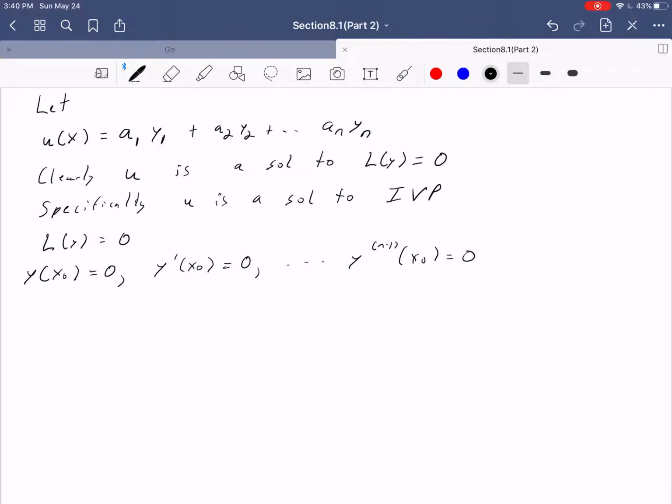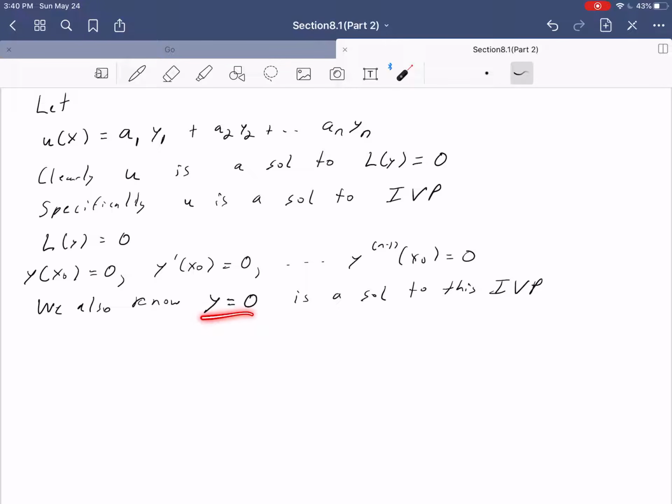But we also know y equals 0, the 0 function, is a solution to this IVP. Certainly y equals 0 is a solution to the homogeneous differential equation, because the solution space is a vector space, so the 0 vector has got to be in there. And certainly it also has the property that y equals 0 at x0 is 0, its derivative is 0, everything's 0.